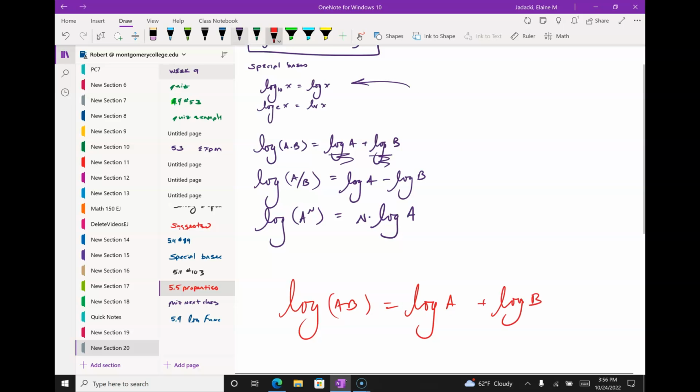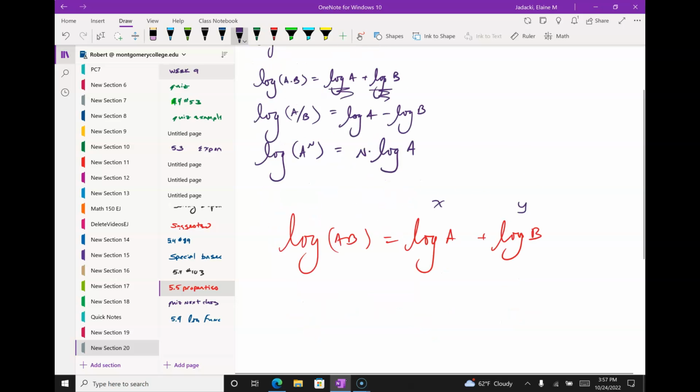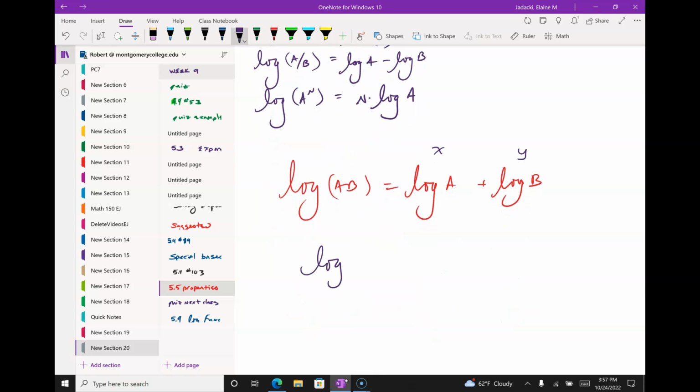Let me call it x and y, okay? So I'm saying log base 10 of a is x. Somebody translate that for me. Yeah, 10 to the power of x is a. Good. I know log of b is y translates into 10 to the y equals b, right?